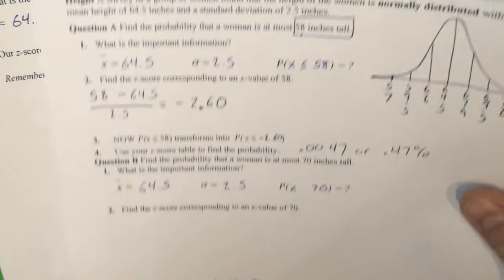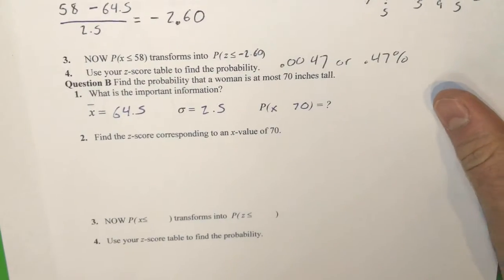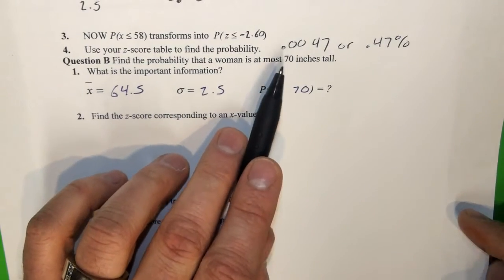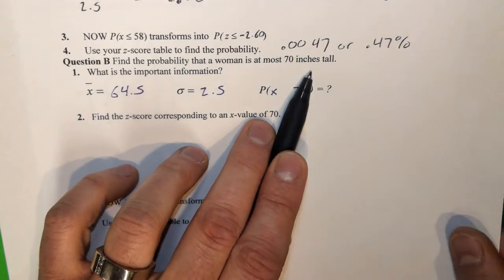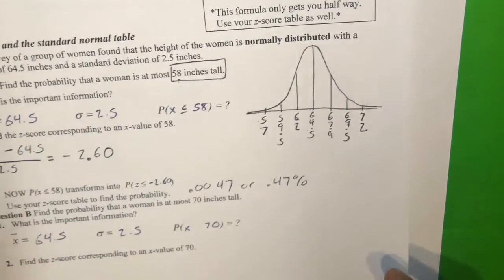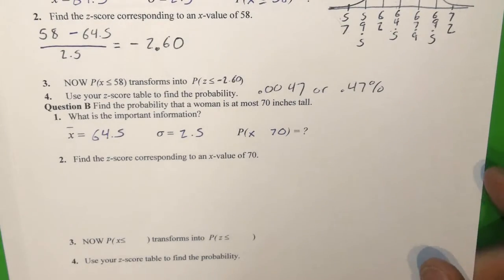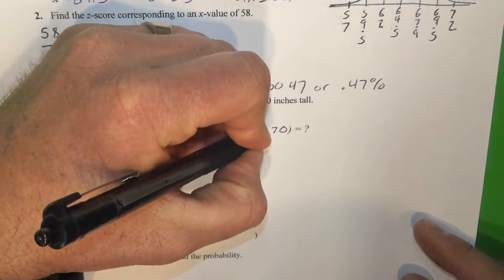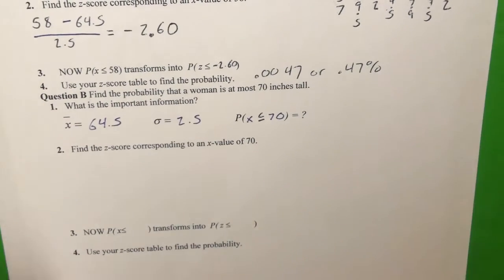All right, so question B is going to follow about the same way. This time what we're interested in is talking about the women who are at most 70 inches tall. Now 70 itself is a pretty tall number, and that would make for a pretty tall woman. But remember that we're not just interested in the 70-inch tall women.